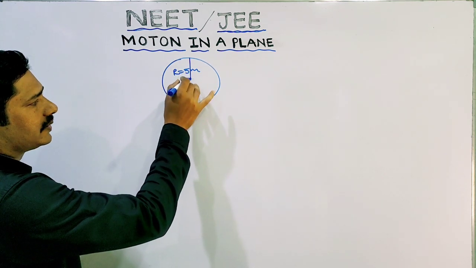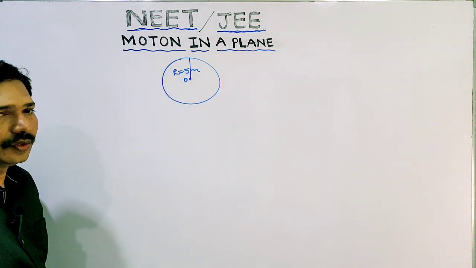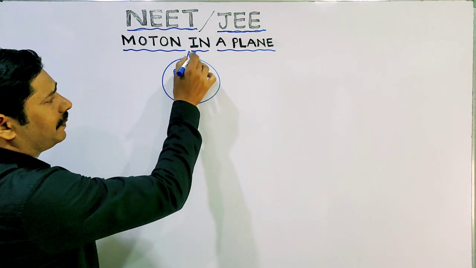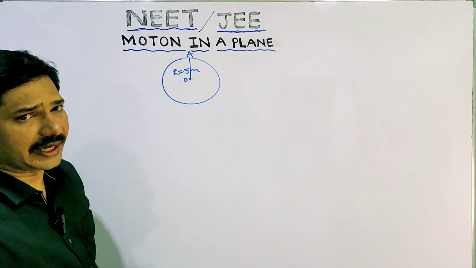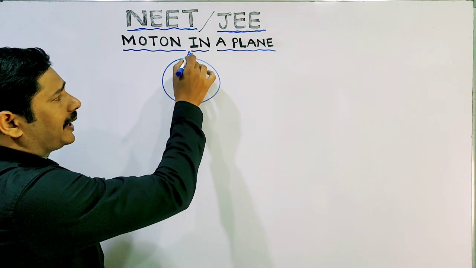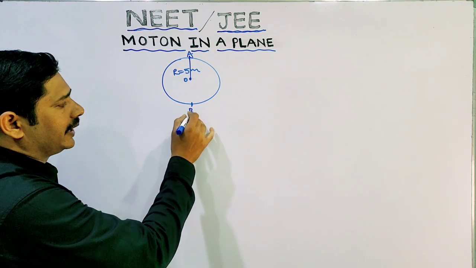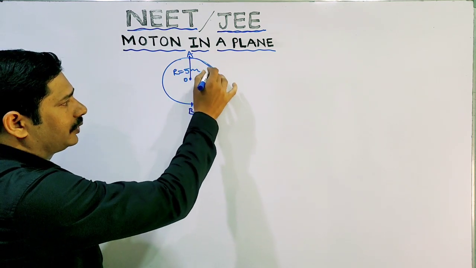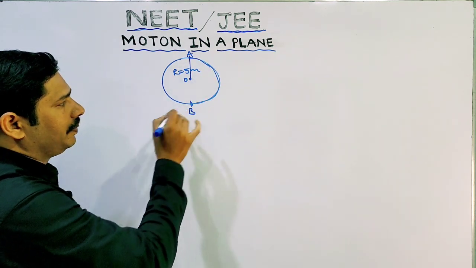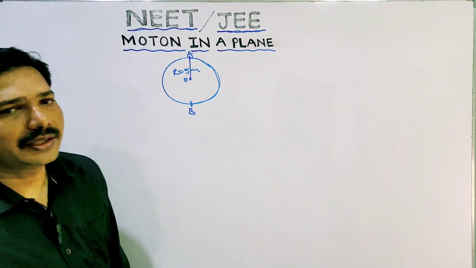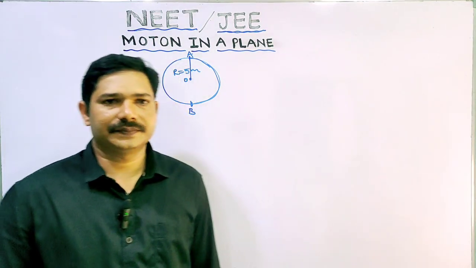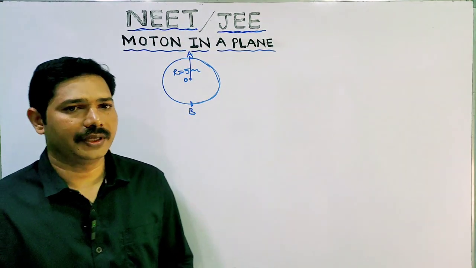This is the center. The person completes half of the circle, started from point A, covers half of the circle and reached point B. Then they are asking the displacement vector and how far he ran.